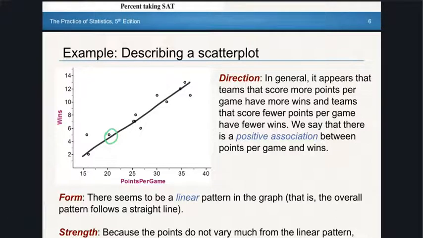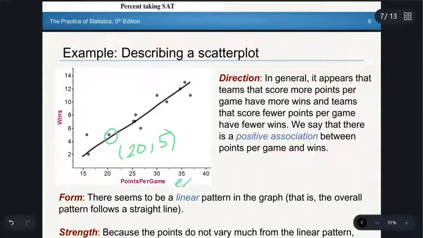This data says that when you score 20 points per game, you're going to average about 5 wins. So I have that ordered pair. And I calculate my standard deviation, and I figure out my z-scores for each of these. And this is my explanatory variable, and this is my response variable.